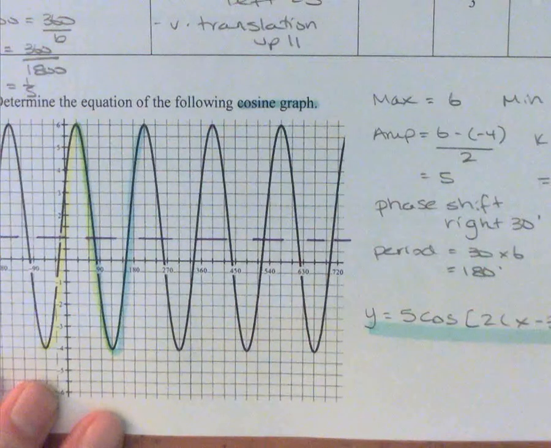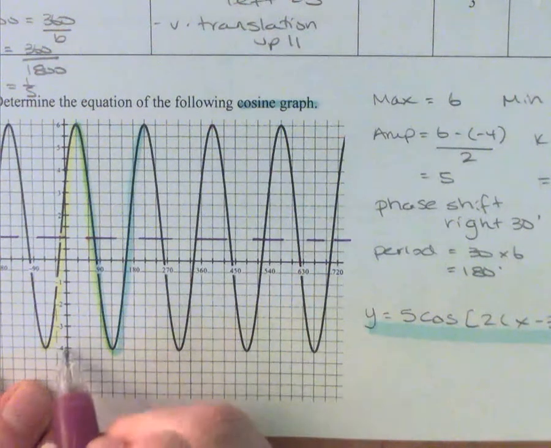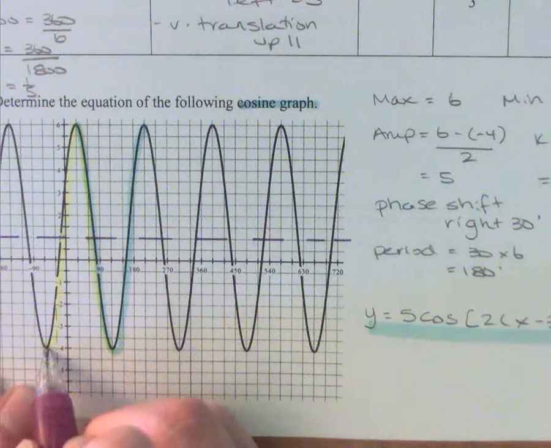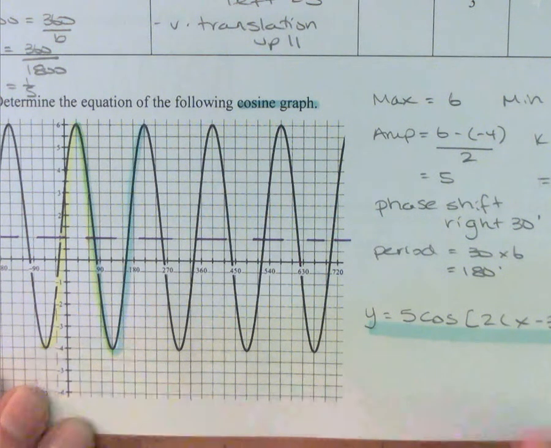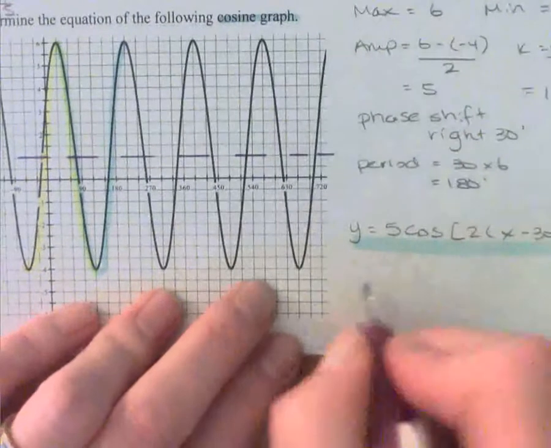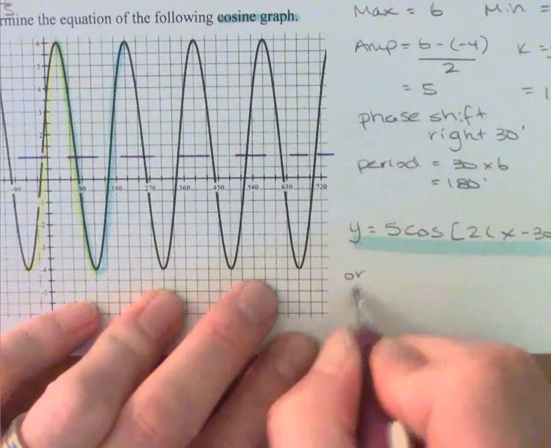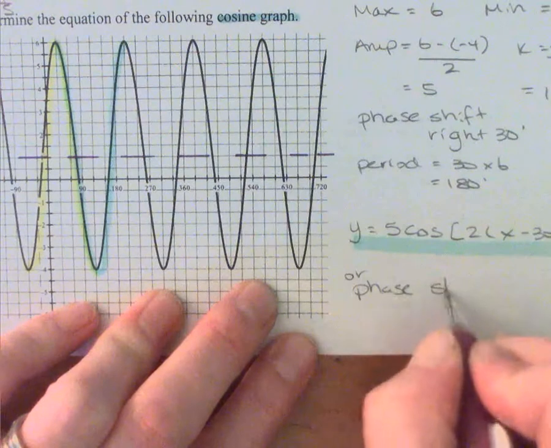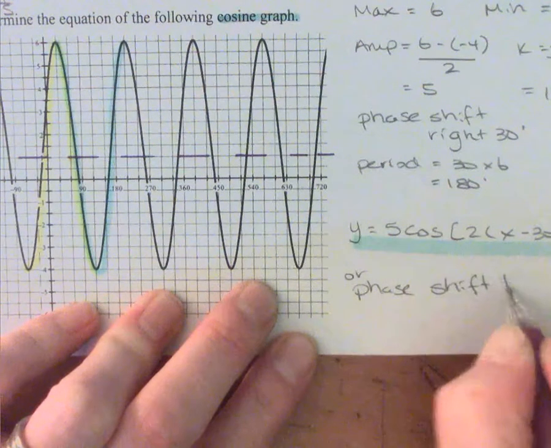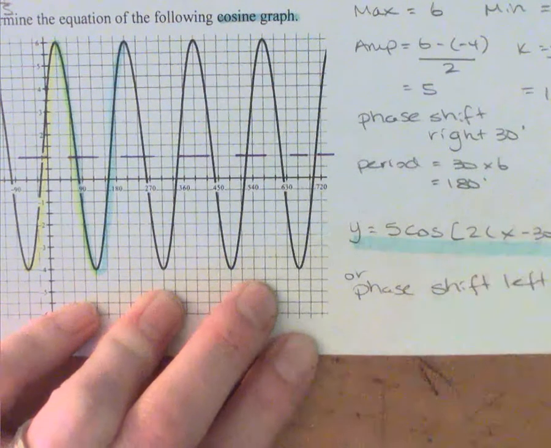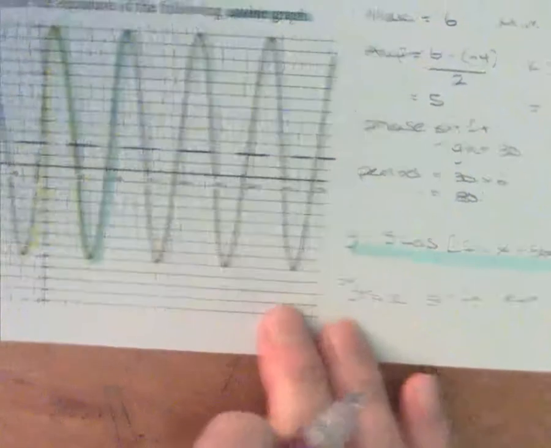So the only difference is the phase shift. In this case, I'm 2 spaces off the y-axis to its starting point, and I went left. So I could have said the phase shift is going to be left 60 degrees because I went 2 spaces to the left.